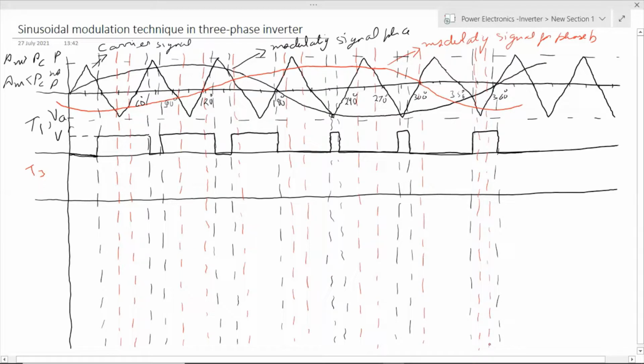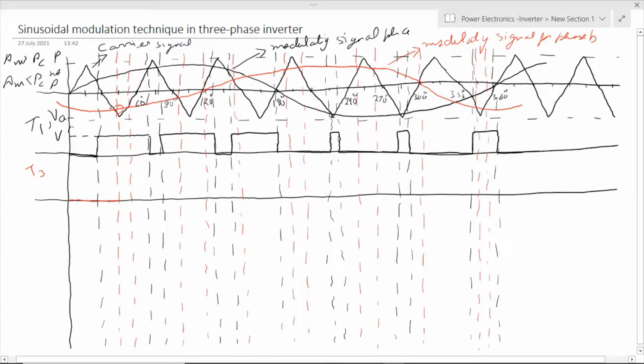Okay. So now again, we have to do the same thing. We have to compare the phase B modulating signal and the carrier signal. In the first region, you can see it is zero from here till the first intersection point of the phase B modulating signal and the carrier signal.